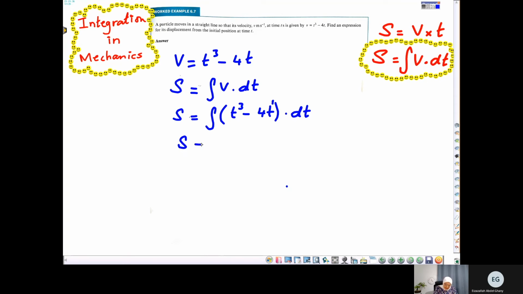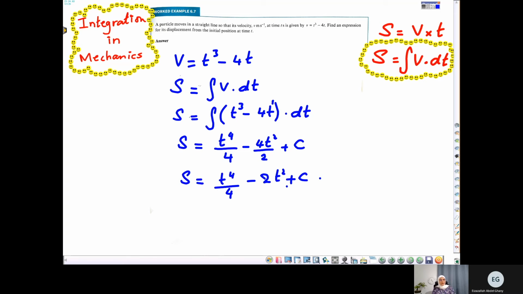So S is equal to t to the power 4 divided by 4 minus 4t squared divided by 2 plus c, and we can simplify it. So S equals t to the power 4 over 4 minus 2t squared plus c. We're done? You tell me, Miss, but we have to find the value of c. Yes, we should find the value of c.